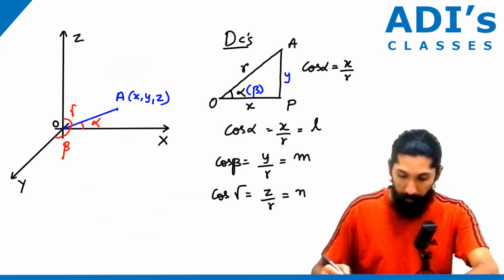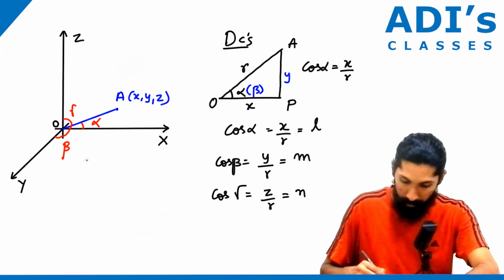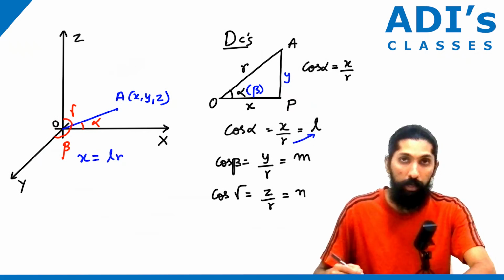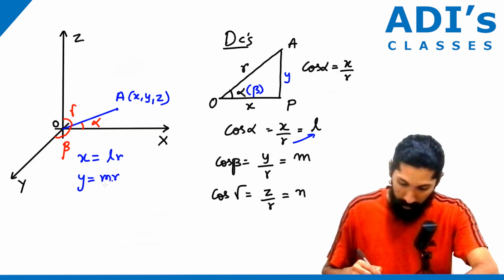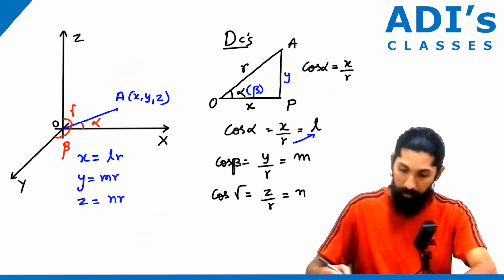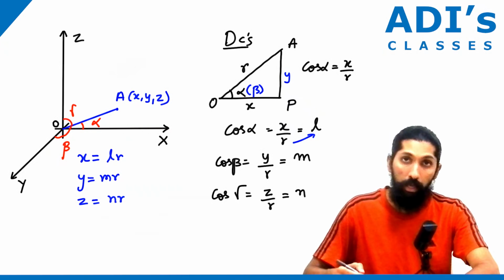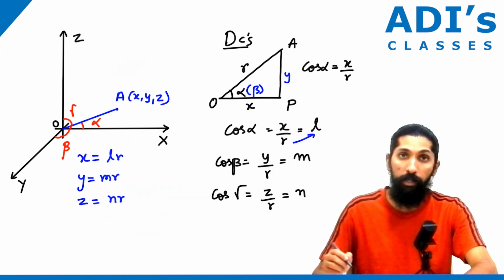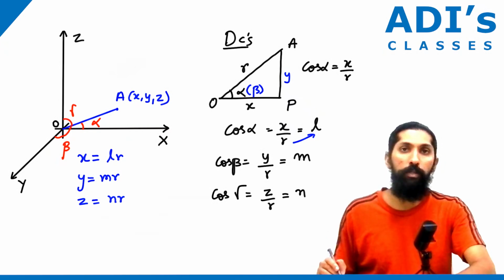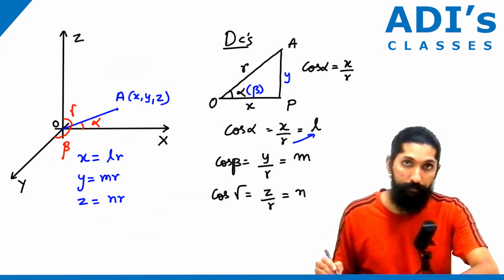That means here we can write that the x value is nothing but L into R. Cross multiplying, y value is M into R, and z value is N into R. Correct? LR, MR, NR, these are the three values X, Y, and Z. Now what we'll do, we'll square and we'll add.